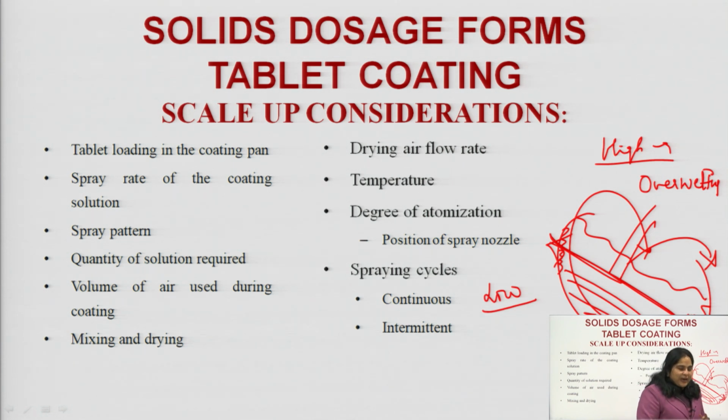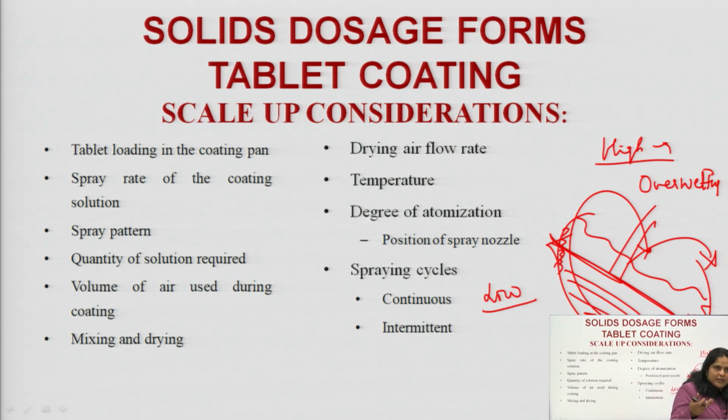Then mixing and drying temperature specifications, these are also important for optimization of the scale up process. Then drying air flow rate, the air which is used for drying is important. Then temperature of that drying air is important, because if we use high temperatures, then it may degrade our polymer or the core material.